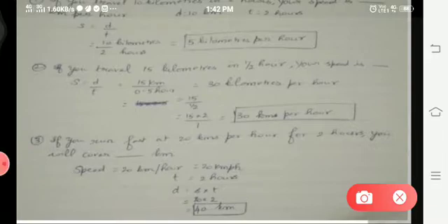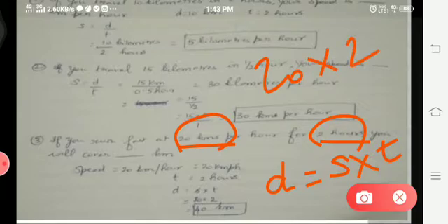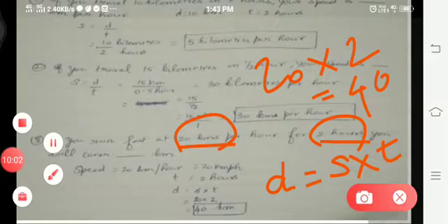So T equal to 2 hours. That's what they have given. They have given S, and this is S: 20 kilometers per hour is the speed. 2 hours is the time taken. So what you have to find? You have to find the distance. Distance equal to S into T. So what is S? 20. What is T? 2. So 20 into 2 equal to 40. 40 kilometers.